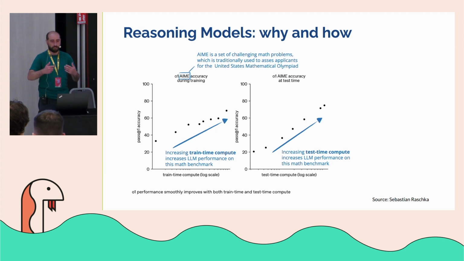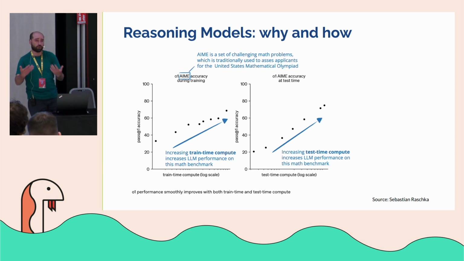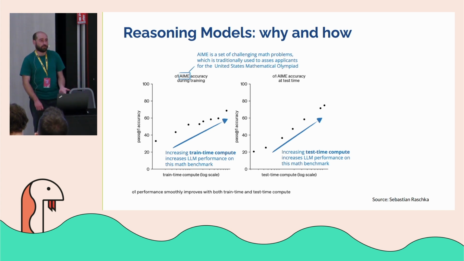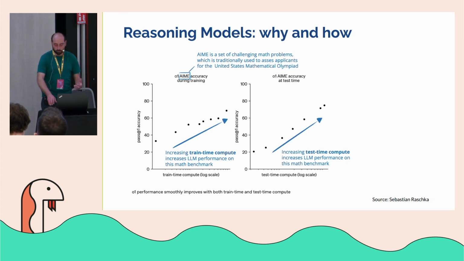So you are investing more time and more compute in the inference phase. But about train time compute, what does this mean? The O1 report didn't give details about this. But then, at some point, DeepSeek R1 was released, and they also described how they put more compute smartly into training.